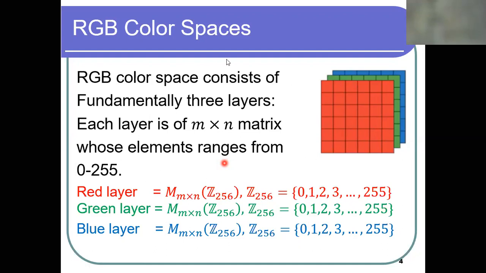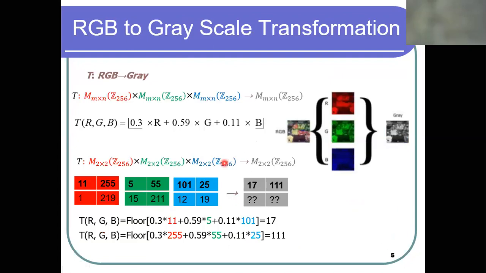So ultimately, in color spaces, we have a set of matrices. Let me elaborate with an example how the RGB to grayscale transformation looks. Take T, the transformation. If you have one color image, it consists of three layers: red layer, green layer, and blue layer. From these three layers you get only one layer.